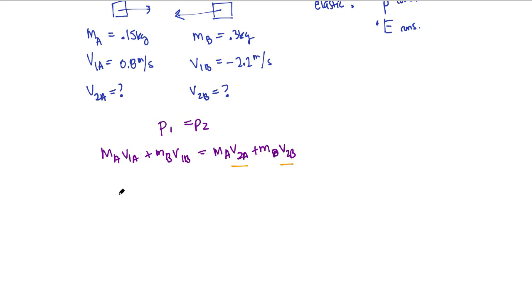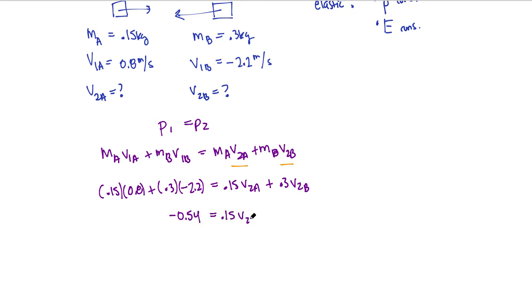So from here I can say 0.15 times 0.8 plus 0.3 times negative 2.2 is equal to 0.15 times V2A plus 0.3 times V2B. So on the left-hand side, put this in our calculator and we find that this side is negative 0.54, and that's equal to 0.15 V2A plus 0.3 V2B.